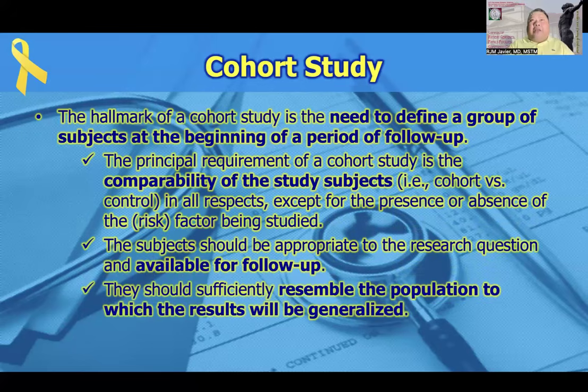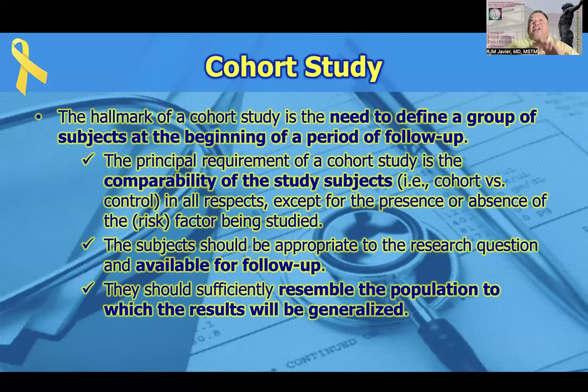And when you follow up your patients or your study subjects, any result should be generalized to your bigger population. Remember, your research focuses on study subjects who were recruited primarily for your research study.